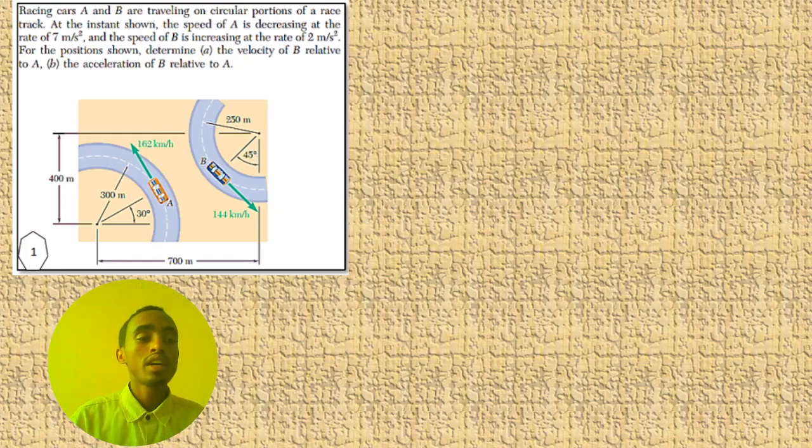In order to determine the relative velocity and acceleration of car B with respect to A, first we must use the concept of resolving of vectors. We resolve the vectors, the accelerations and velocities of racing cars A and B, into their components. Then we use the formula, collect like terms, and finally substitute the values to get our final answers.